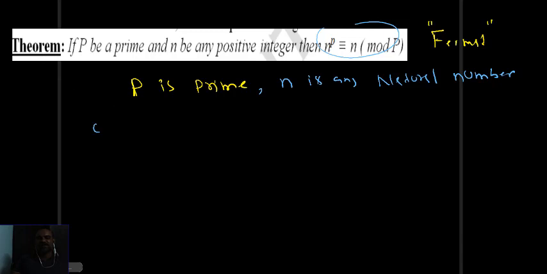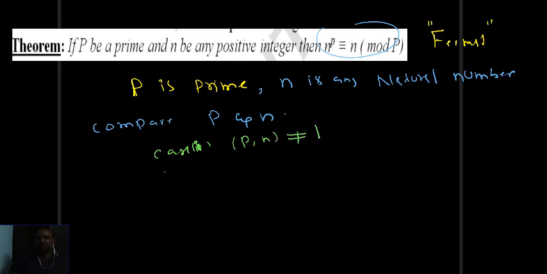Okay. Now compare p and n. Two cases will arise. Case 1: p and n are not co-prime. Case 2: p and n are co-prime. Obviously. So I am taking case 1, that p, n are not co-prime.